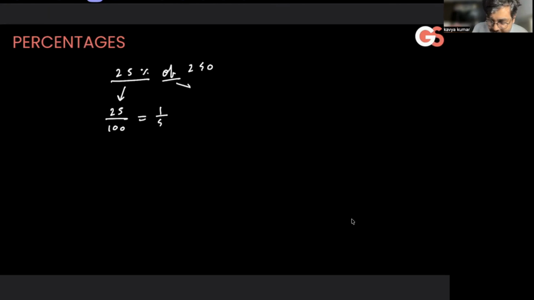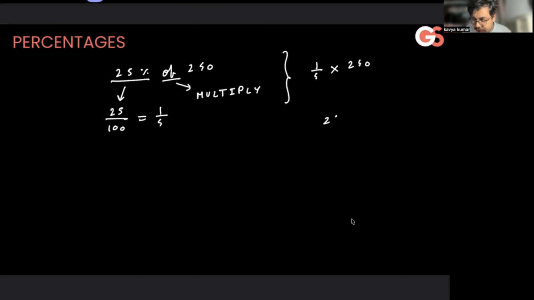Of is interpreted as multiplication. So the complete sentence means 1 by 4 into 240, or 240 divided by 4, which is nothing but 60.